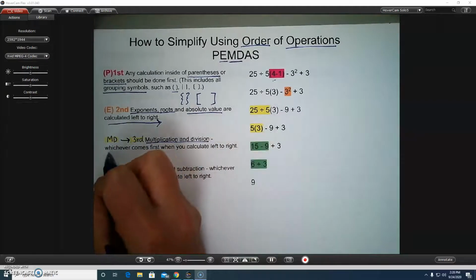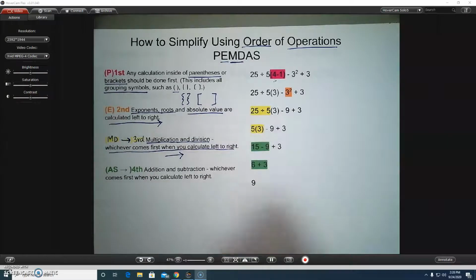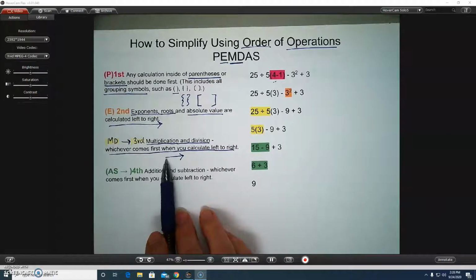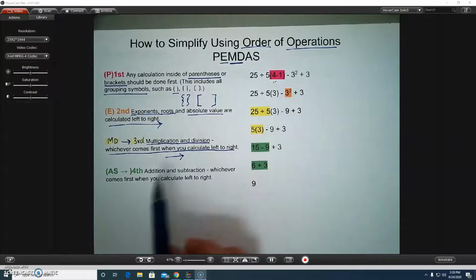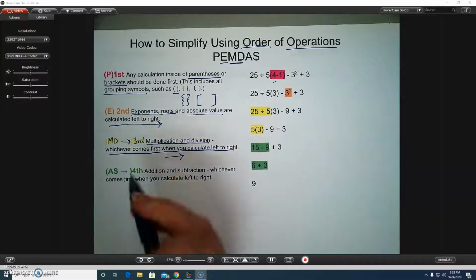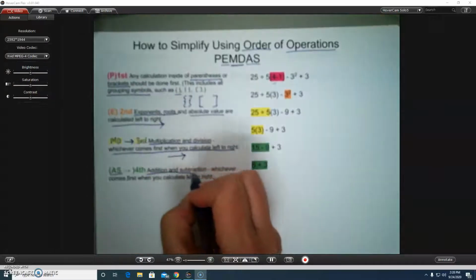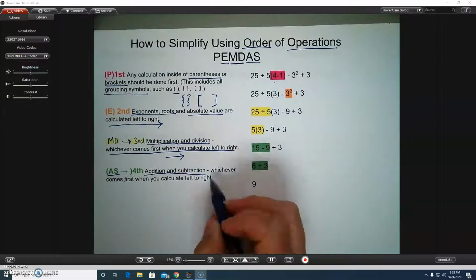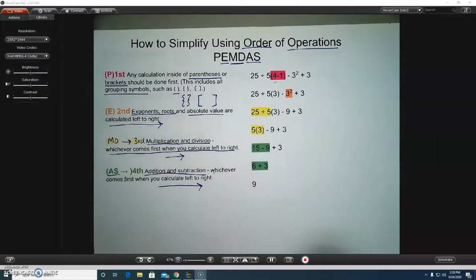And we do whichever one comes first when you calculate from left to right. So once again, just like I'm reading a book, I would look at my math problem and go from the left to the right. The fourth thing that we take care of is AS, addition and subtraction. And once again, I do whichever one comes first from left to right.